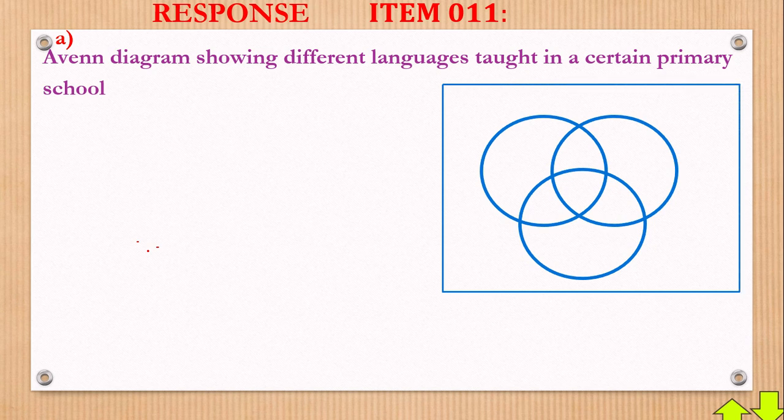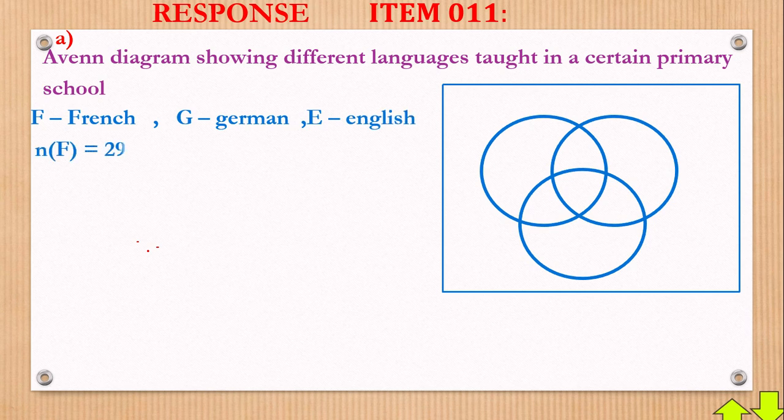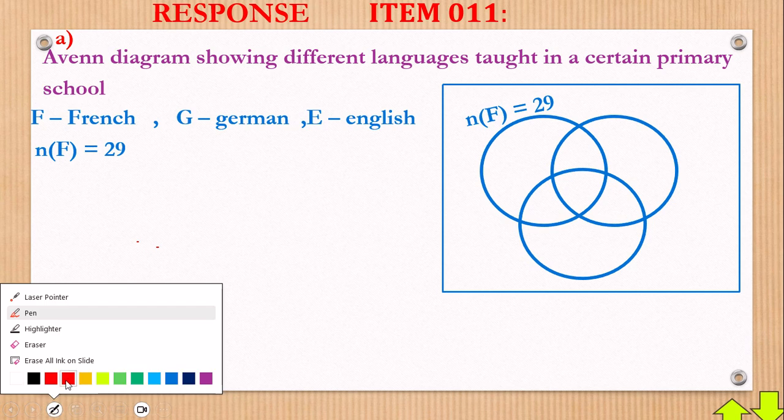Alright, good. Now with that, let's start off. F will stand for French, G will stand for German, and E will stand for English. Now in the question, we got to know that the number in F was 29. We summarize that; what you summarize is what you put forward.